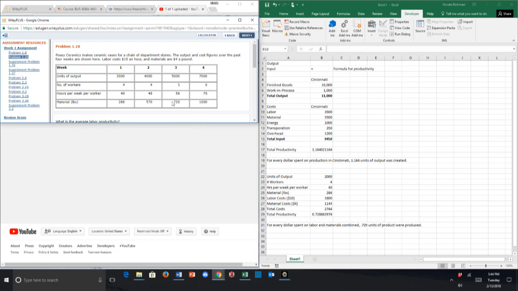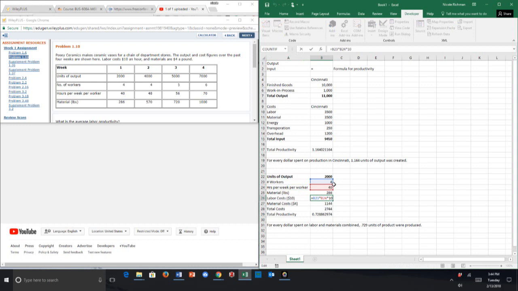So we had a total of 2,000 units of output. So we already have that measurement. We don't have to add anything else in. And for week 1, we had 4 workers. Each worker worked 40 hours a week. We used 286 pounds of material. Now some additional information: our labor costs $10.